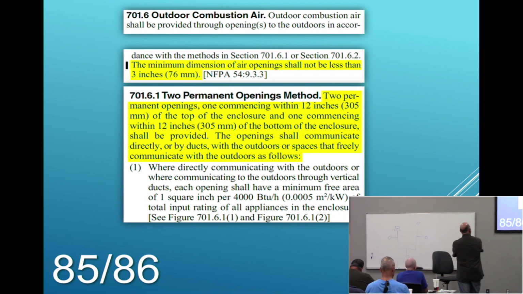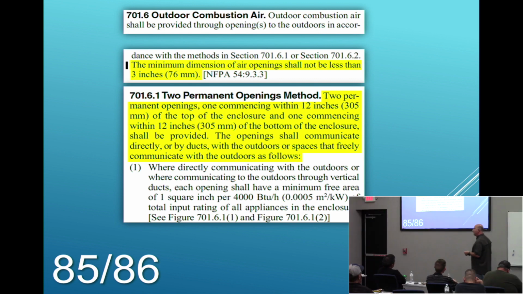Look what it says. The opening shall communicate directly or by ducts with the outdoors or spaces freely communicating with the outdoors as follows. So before we go on, we all know what the outdoors is, right? That's just outside. Give me an example of a space that freely communicates with the outdoors but is not outdoors. What kind of attic? A vented attic, right?